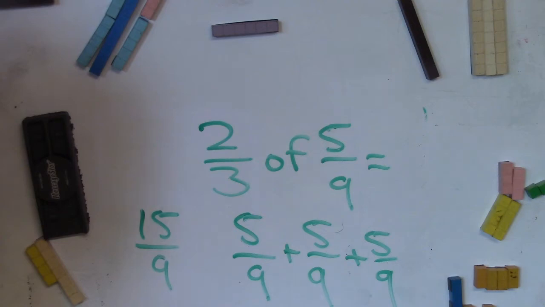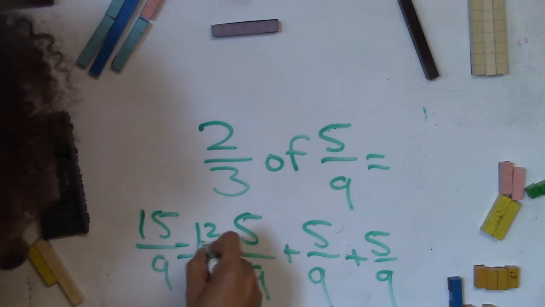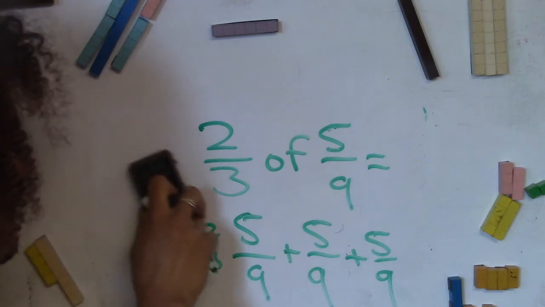Wait, what's 1 and 6/9? 1 and 6/9 equals 1 and 2/3. I like it. You're correct. That's the same thing as 1 and 2/3. Now, here's the thing.